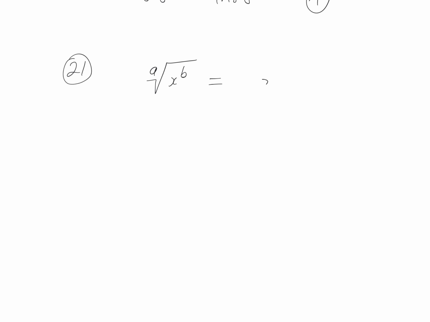This is going to be x to the power of b over a. So the answer is C. It's just a question of whether you know your exponent rules. When you have 8, for example, to the 2/3, this means the cubic root of 8 and then squared.